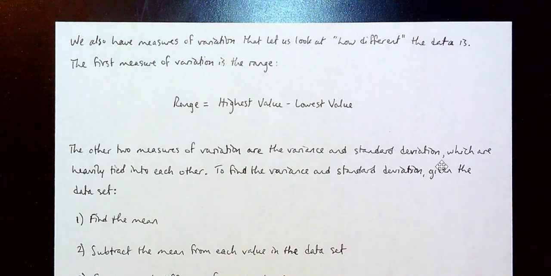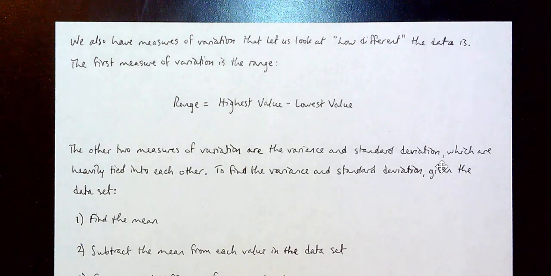So the first measure of variation that we're going to get to is the range. The range of your data is simply the highest value minus the lowest value. This is a very basic measure of variation. It's not getting too in-depth in terms of what it's telling us, but it does give us a nice basic overview of the difference between your largest and your smallest value.